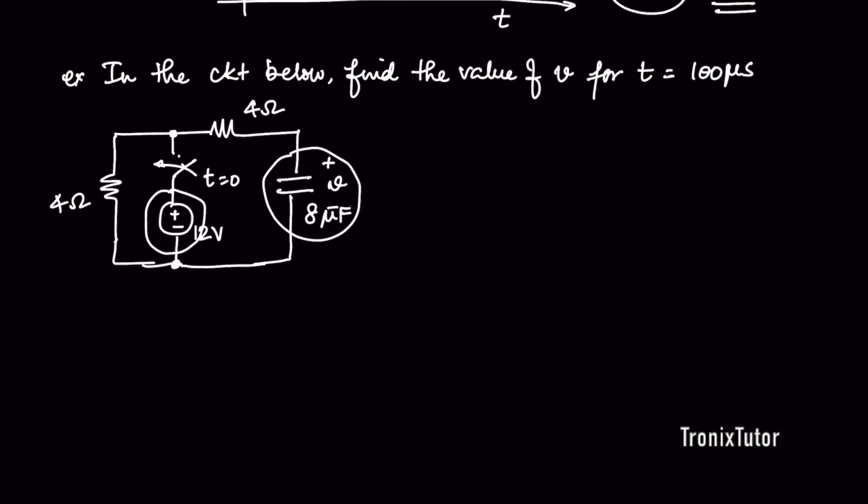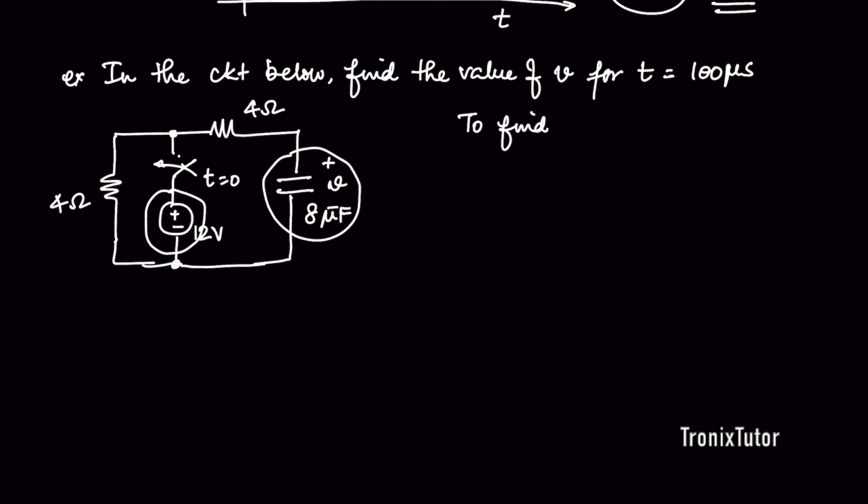That is, the capacitor voltage is going to start off at 0 and then eventually charge up to a final value. And how do you find out what is the final value that this capacitor is going to charge up to? When the capacitor has finally charged up, you expect the capacitor to look like an open circuit.